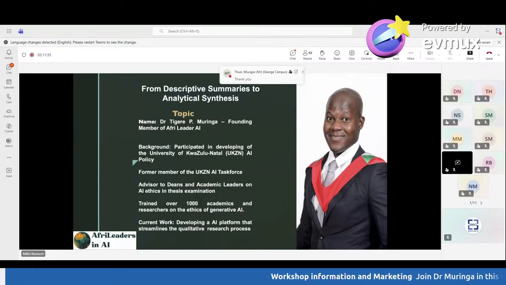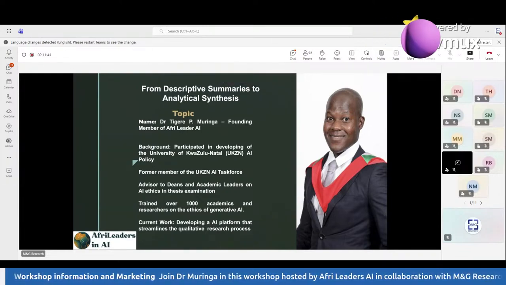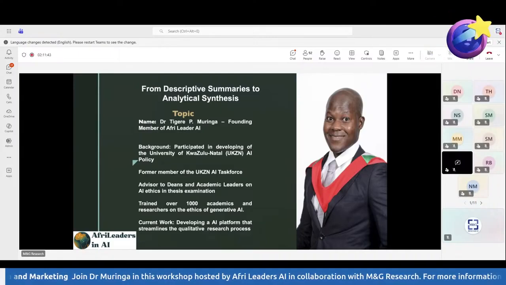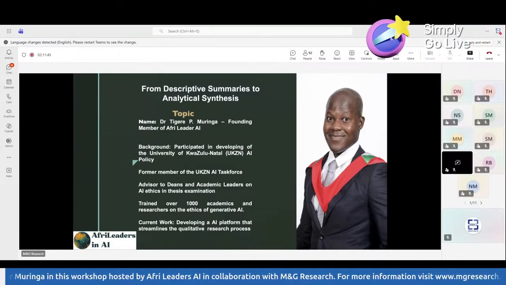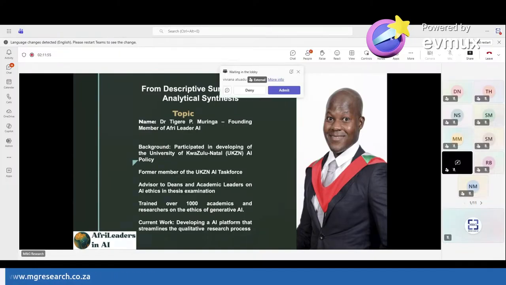Right, I have asked this question before, Dr. Moringa. Theoretical framework and conceptual framework, are they the same thing, or do you have to adapt one or the other? The basic answer is, when you are using one theory, it's a theoretical framework. The moment we use two theories, that becomes a conceptual framework.